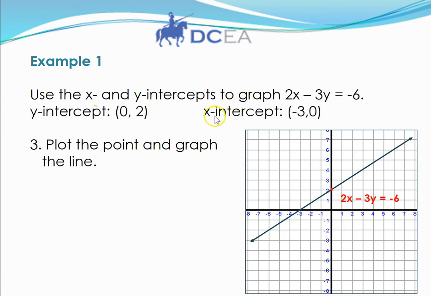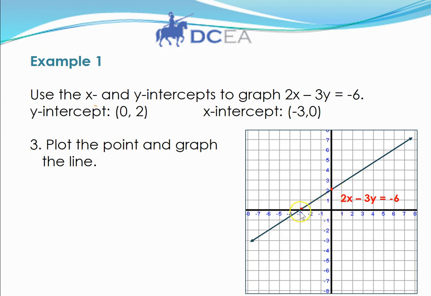And now we'll go to our x-intercept, which will be (negative 3, 0). So 1, 2, 3, negative on the x-axis, and 0 on the y-axis, and that will be this point.